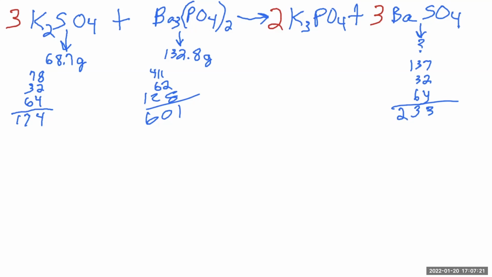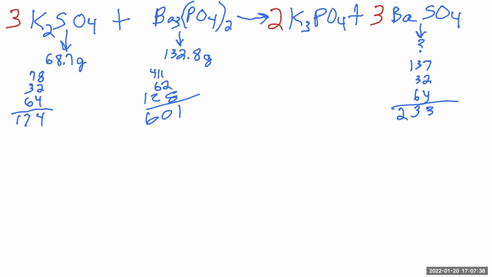So 137, 32 from the sulfur and 64 from the oxygen, that's 233. All right, now we've got everything we need to start the calculations.